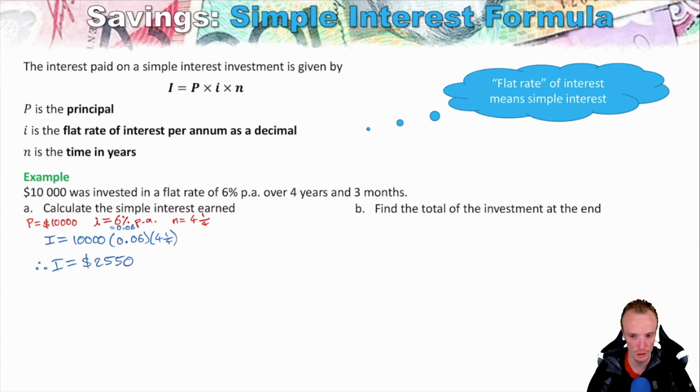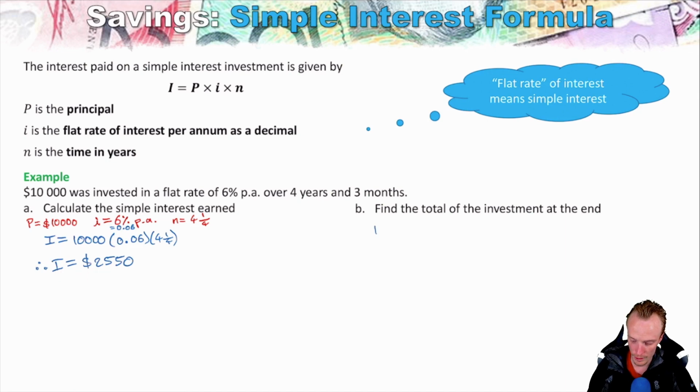account, so not the future value, which is something that you'll see when we move on to compound interest. So if we want to find what the balance is at that time, or find the total of the investment at the end here, we need to grab this interest that we just calculated and add it to the principal that we started with.